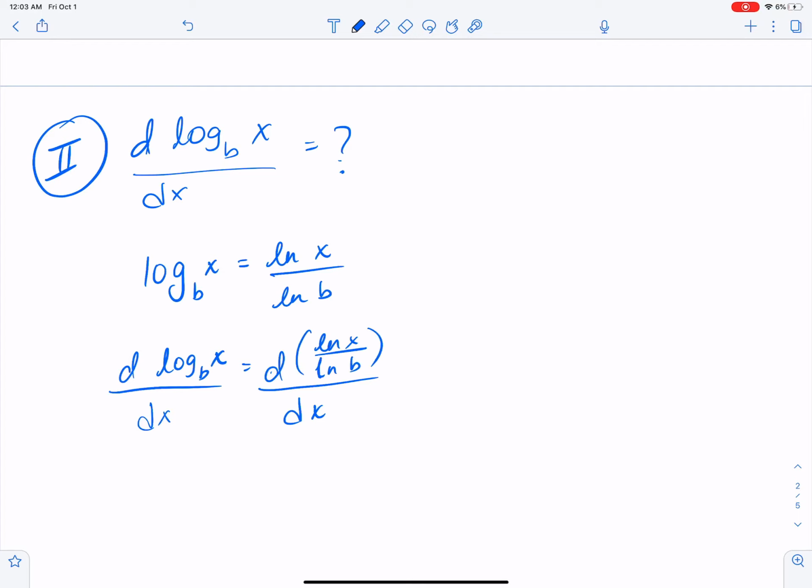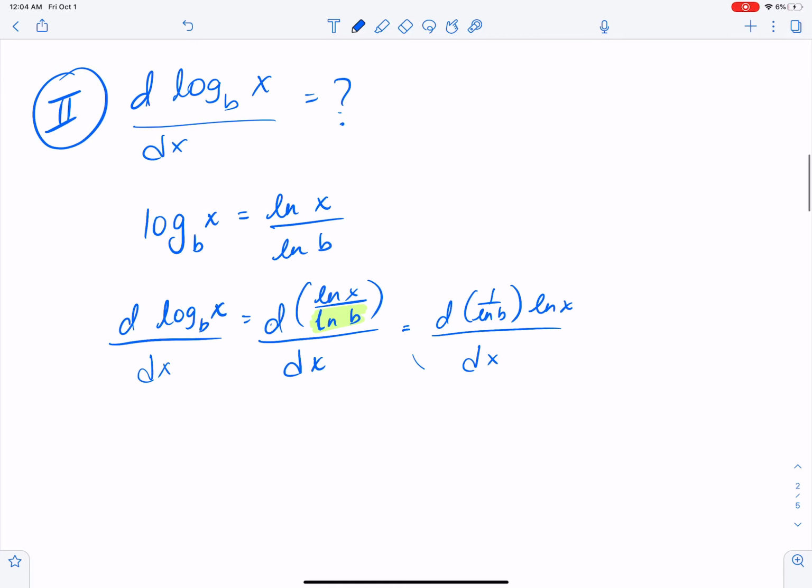Well, I said the word quotient, but you don't need to use the quotient rule. Why? Because this is just a constant. So you can think of it like this: log x times 1 over log b, you want to differentiate that.